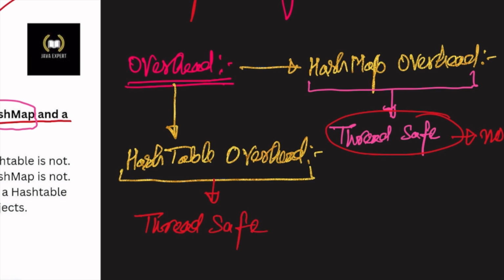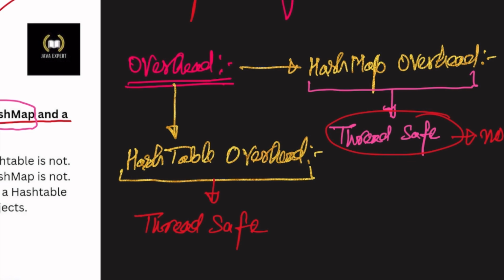It uses synchronized methods to ensure that only one thread can modify the hash table at a time. This ensures data consistency but comes at the cost of additional processing time. The need to acquire and release locks on every operation slows down the performance compared to hash map.